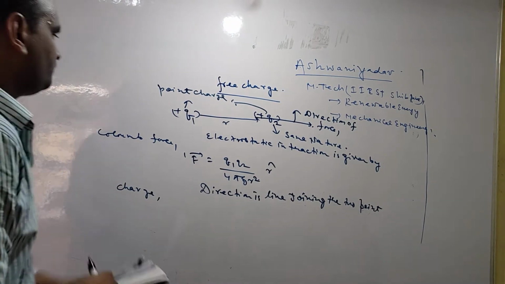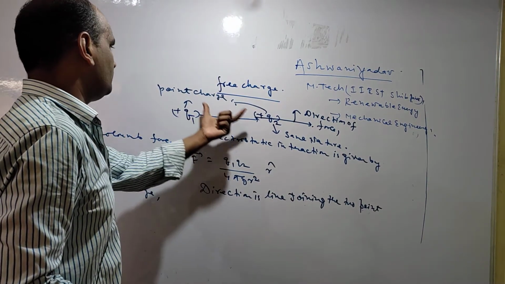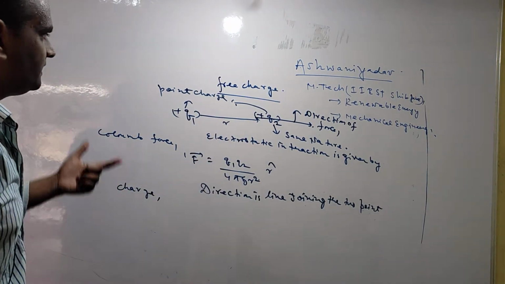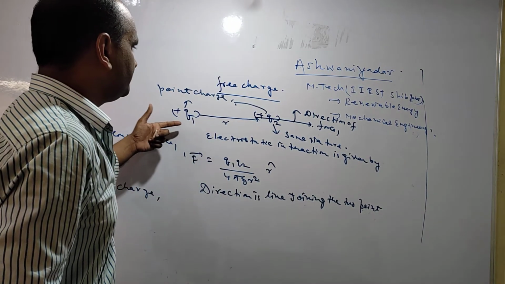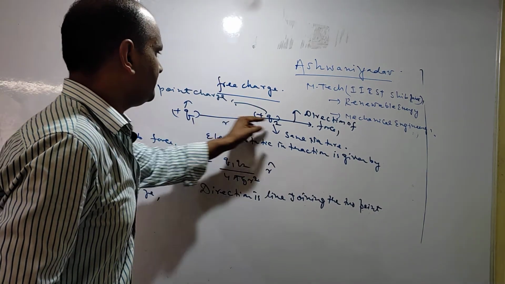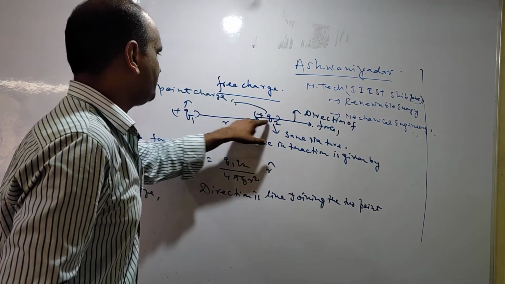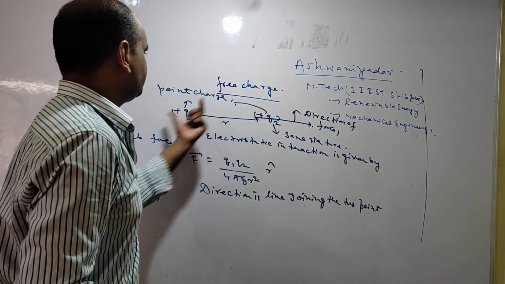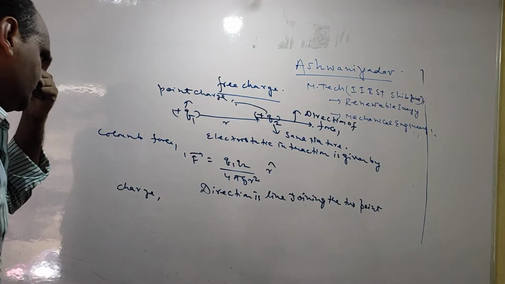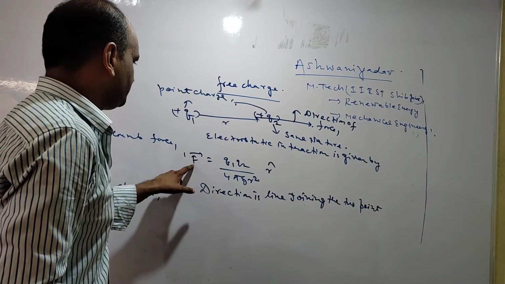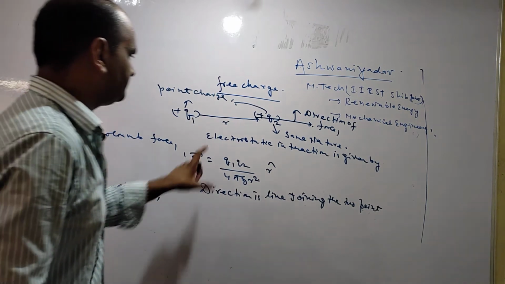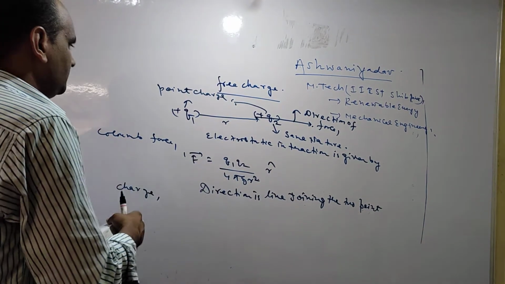So the expression of the force is only valid for two point charges separated by a distance r, and the direction of the force will be the line joining them. Just join the line and this will be the direction of the force. There is nothing to derive here because it is experimental.